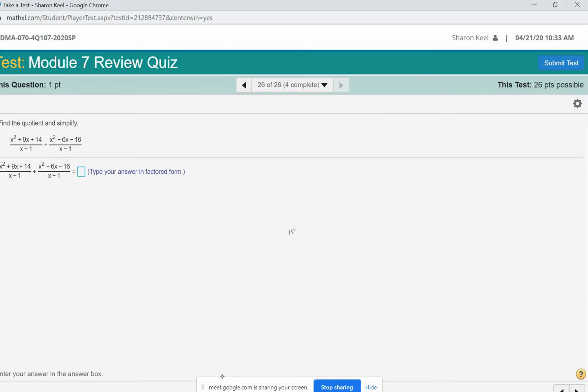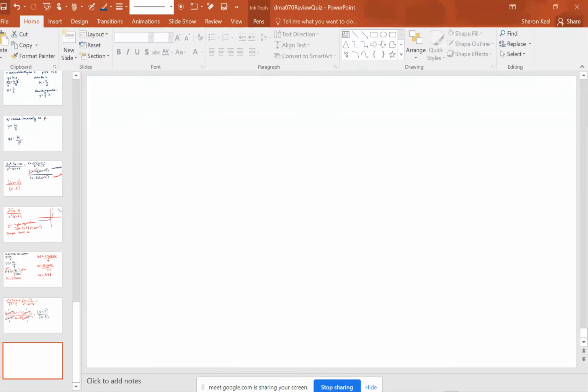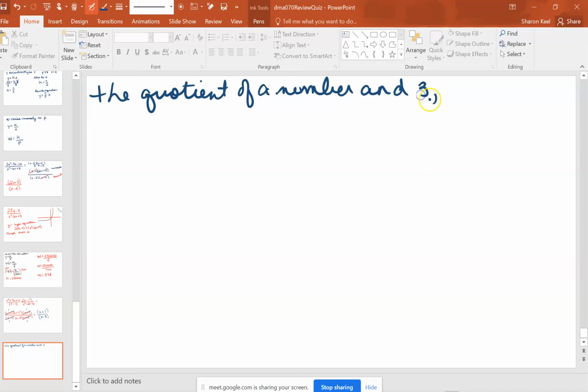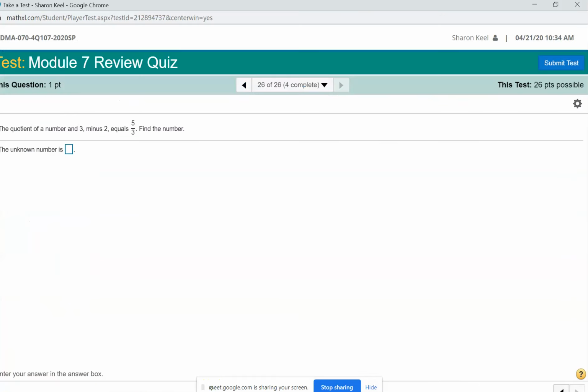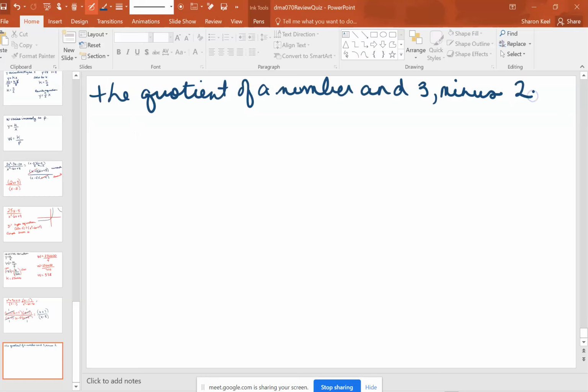And then last but not least, the quotient of a number and 3, minus 2 equals 5/3.